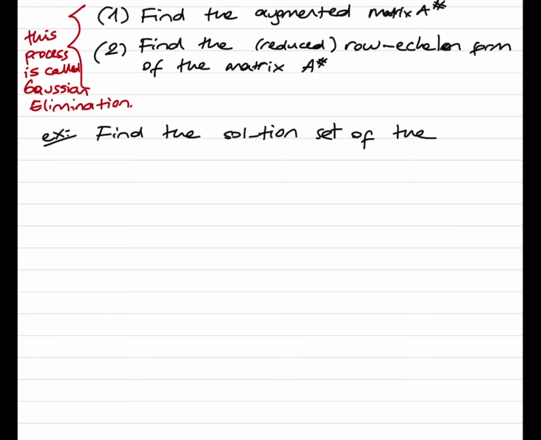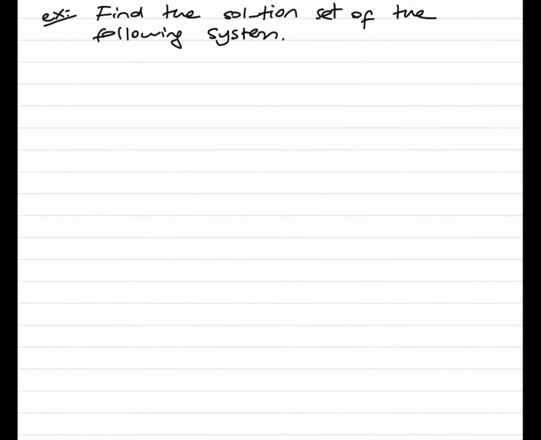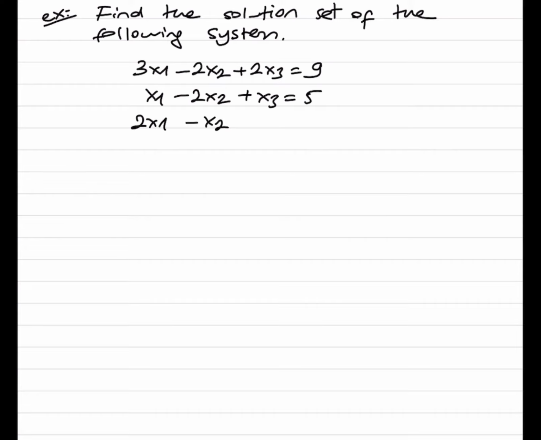So we have 3x1 minus 2x2 plus 2x3 is equal to 9. x1 minus 2x2 plus x3 is equal to 5. And 2x1 minus x2 minus 2x3 is equal to minus 1.